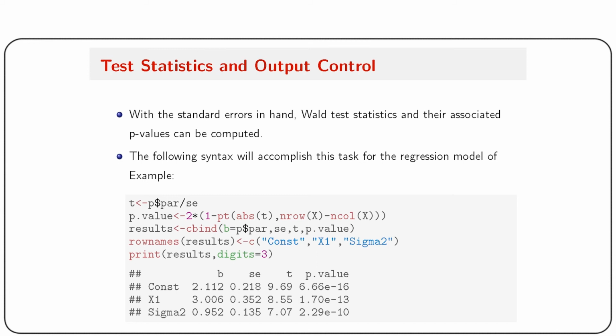The t statistics are calculated as the estimate divided by the standard error, that is 1.73 by 0.20. So they are 8.866, 9.88 and 7.07, and all p values are less than 0.001, so it's highly significant. That's all about the implementation of maximum likelihood estimation through the optim function in R.